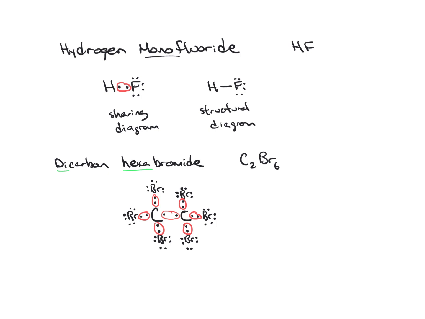So it's stabilized. I've drawn the sharing diagram. I can now draw the structural diagram, which is a little cleaner than the sharing diagram. All those red circles I'm replacing with these bars.